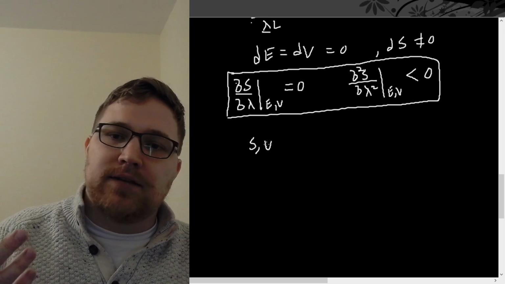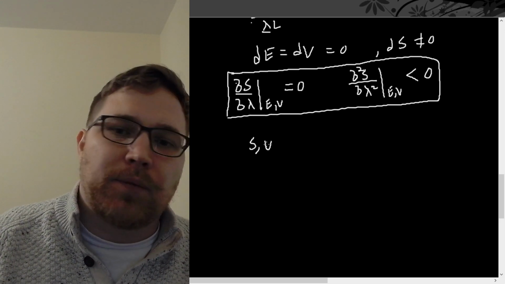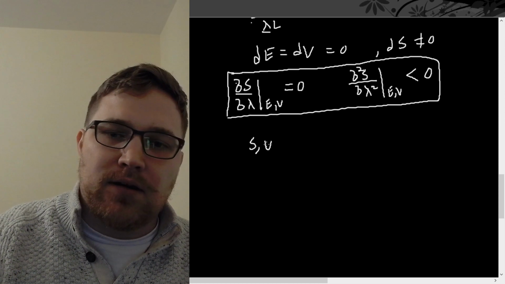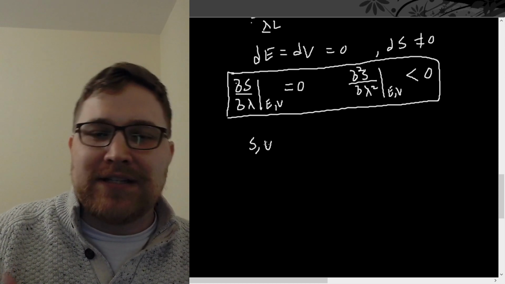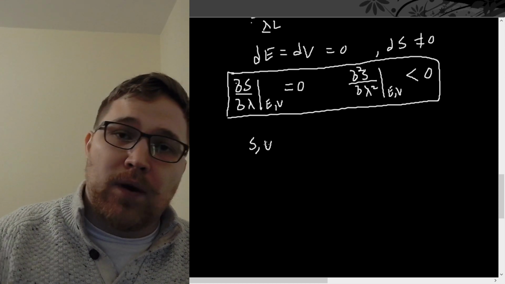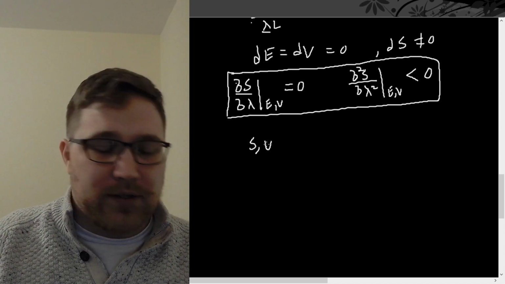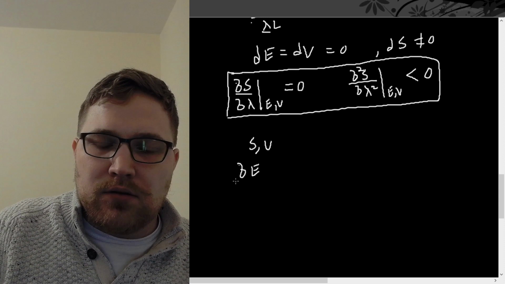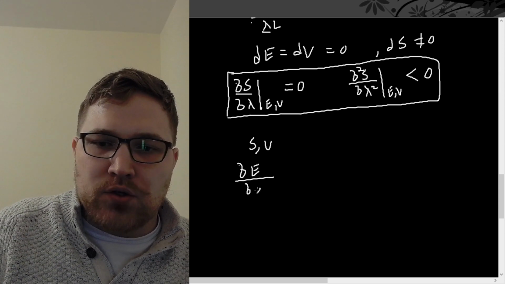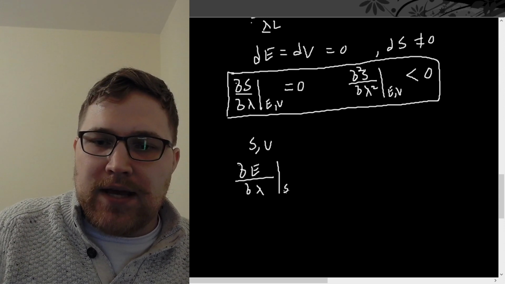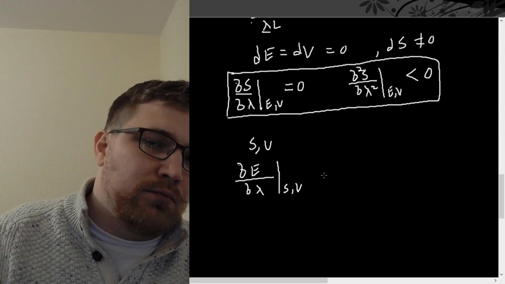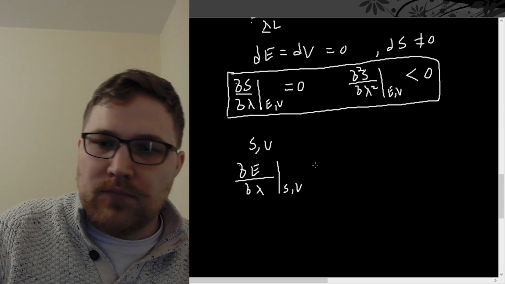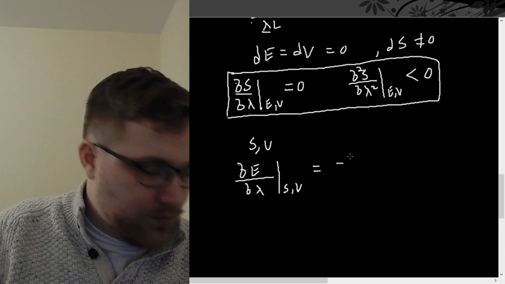It turns out that the second law of thermodynamics implies that the energy would take a minimum value when the entropy and the volume are held fixed. So writing the first derivative of the energy with respect to the internal constraint when the entropy and the volume are held fixed gives us the following equation.